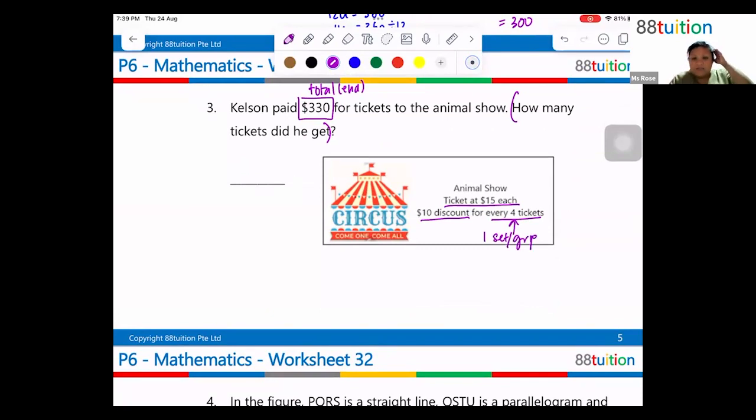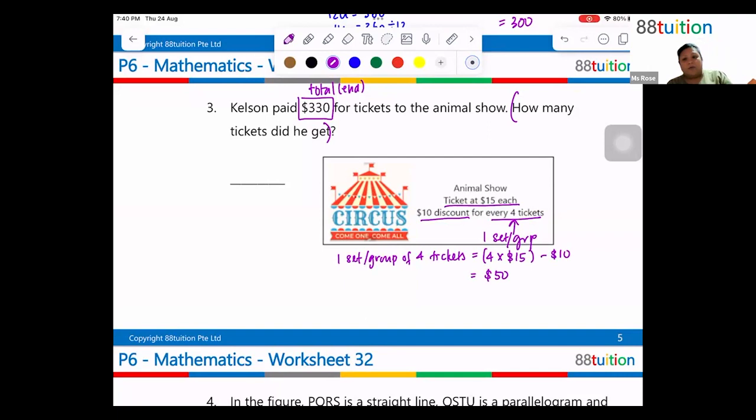I'm going to use GRP short for group. So if one set or group of 4 tickets, how much would it cost? It will be 4 tickets times $15, but there is a discount of $10. So total $50.